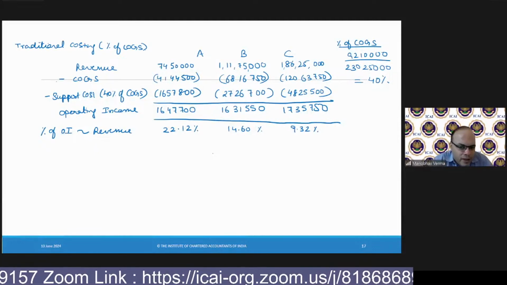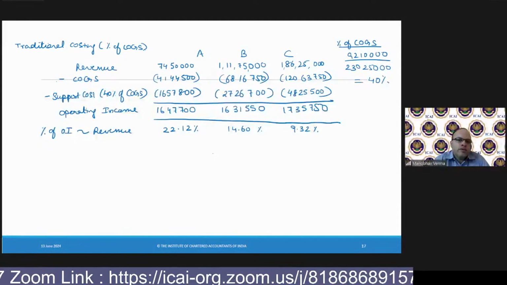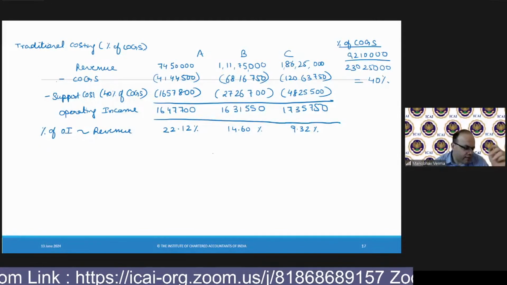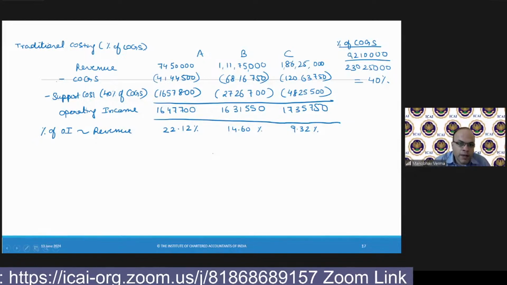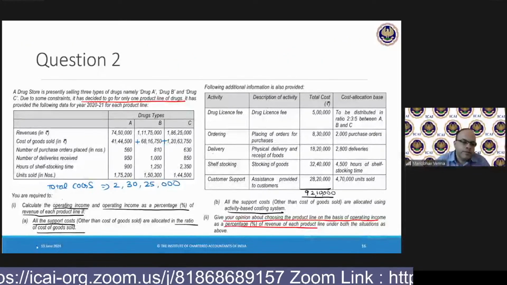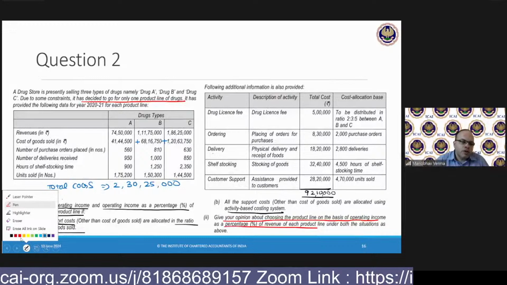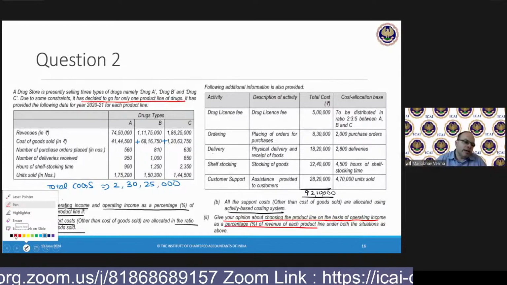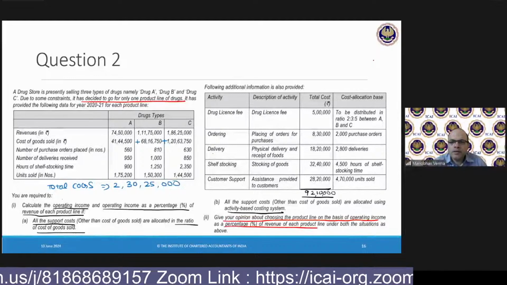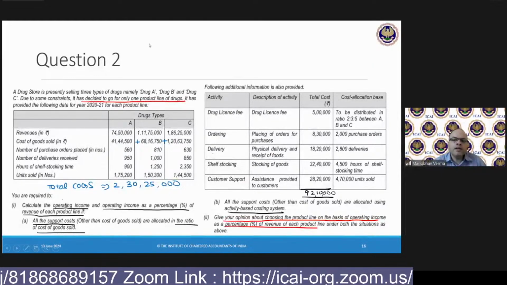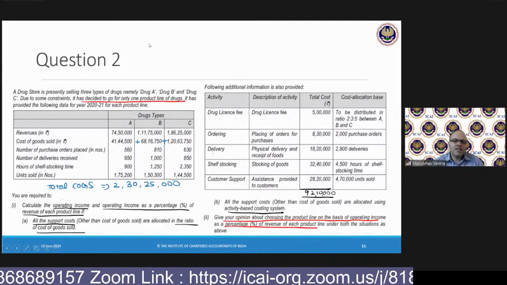And the next point is in terms of ABC, which I guess everyone knows now how to calculate. So my job becomes very easy here, because what we need to do is calculate the cost per driver. So what will be the drug license fee?